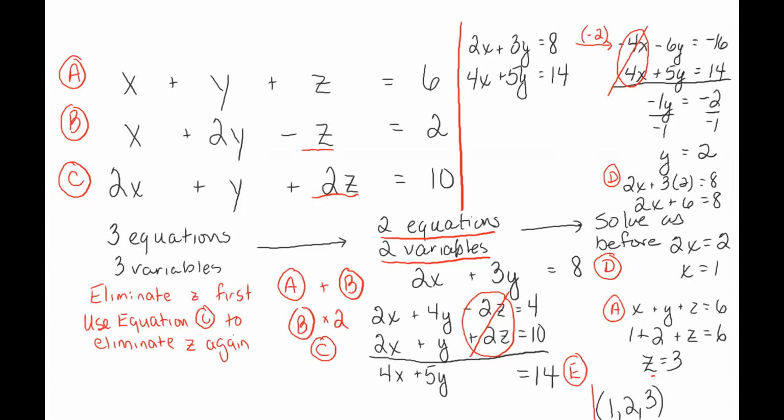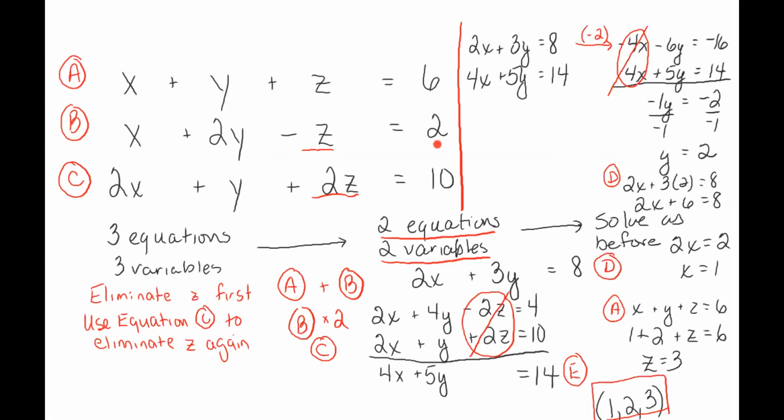We should be able to double check and make sure that those fit all 3 equations. 1 plus 2 plus 3 is 6, so we're good there. Let's see, what else do we have? 1 plus 2 times y, so plus 4 is 5.